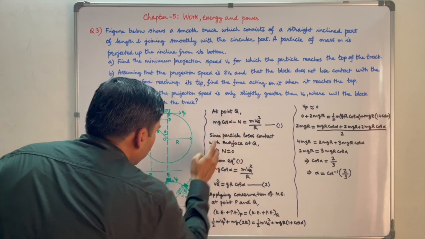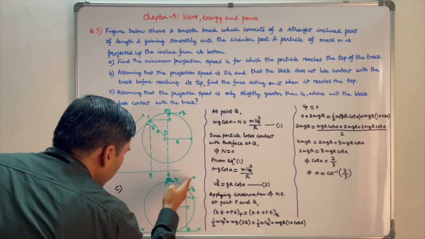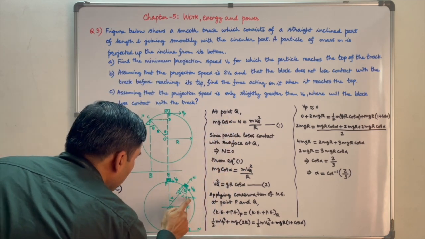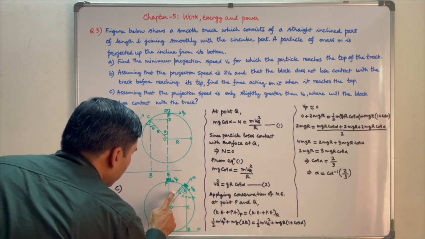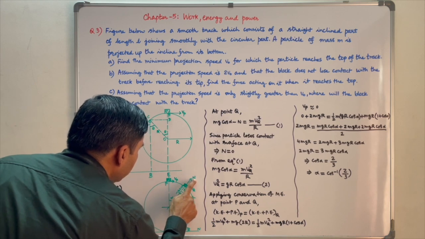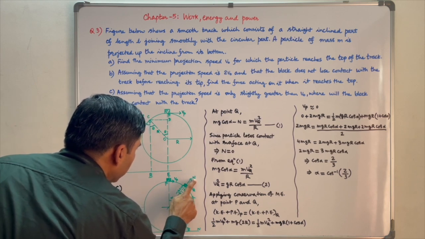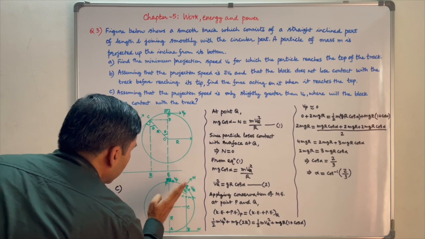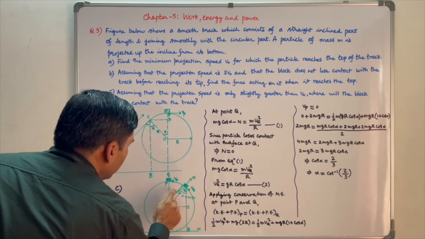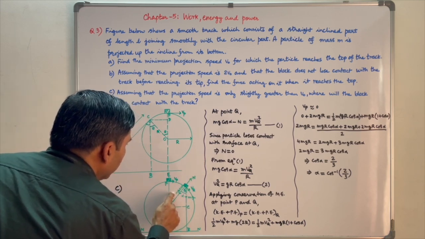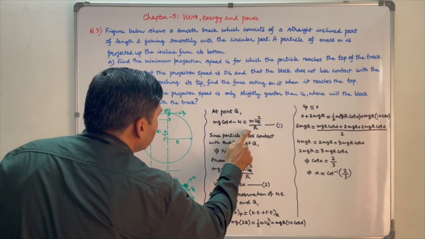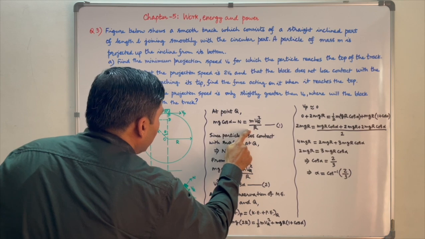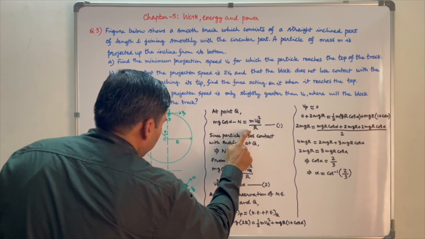Suppose the velocity of the particle at point P is Vp and at point Q is Vq. At point Q, the net force will work towards the center, and that is the component of weight towards the center, mg cos alpha, minus N. N is the normal reaction applied by the surface that will work radially outwards. So the net force towards the center will be mg cos alpha minus N, and that is equal to the centripetal force, mVq² upon r.